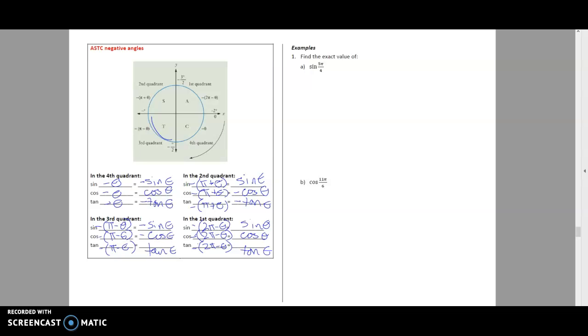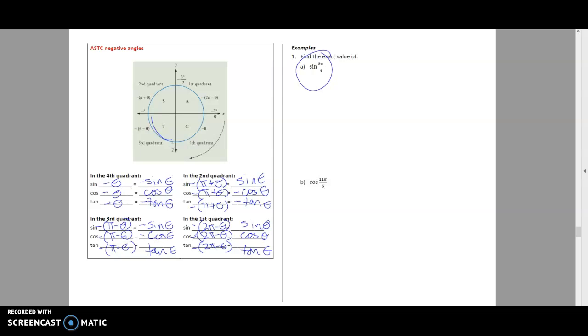Okay, so you've got to find the exact value of sine 5 pi on 4. It's bigger than pi, so it's not going to be in the first or second quadrant, it's going to be in the third quadrant.